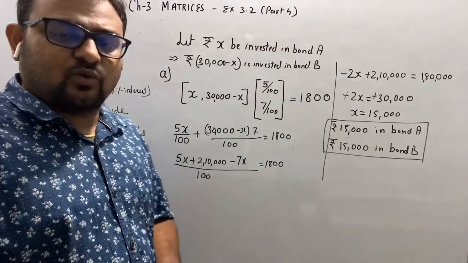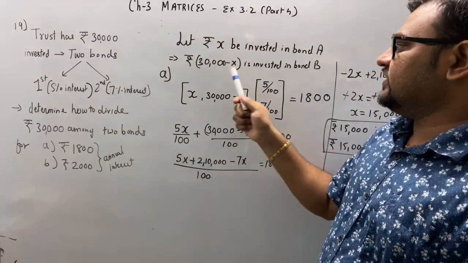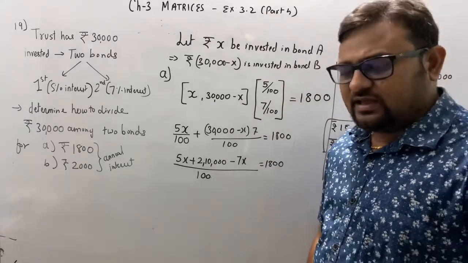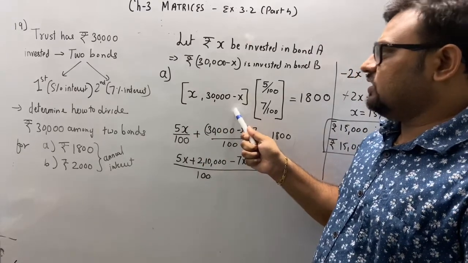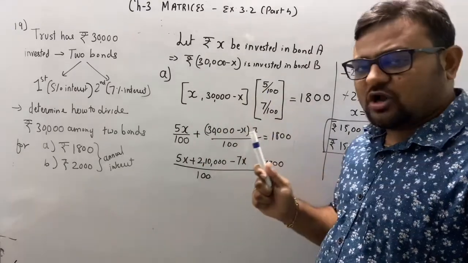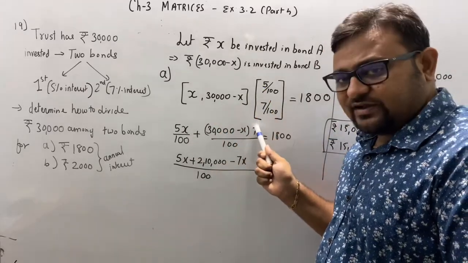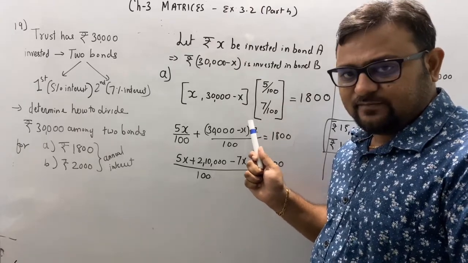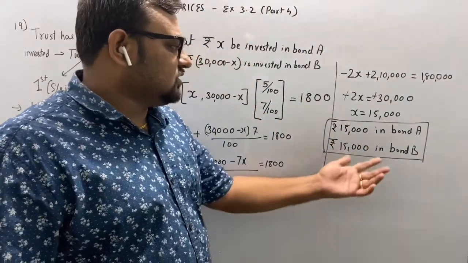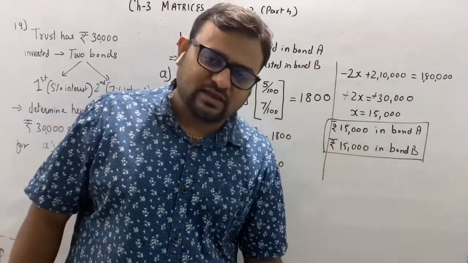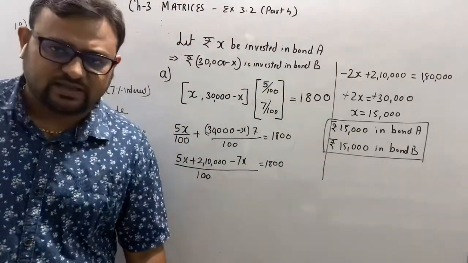Remember what we have done: we took X in bond A, so the remaining 30,000 minus X is invested in bond B. Then we made two matrices, one for rupees, a row matrix, and the other for interest, a column matrix. Then only we can multiply. By a simple solution, we get that in both bond A and B the trust should invest 15,000. Just go through this question, then we will solve B.